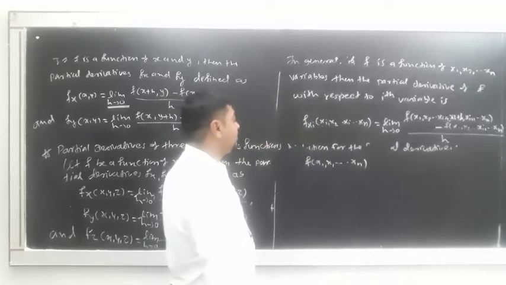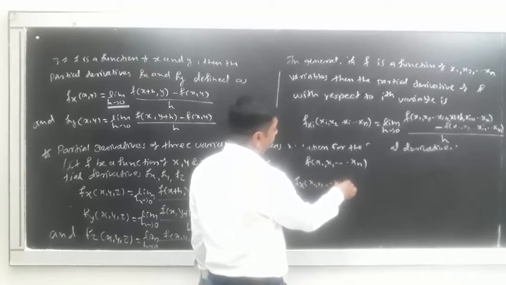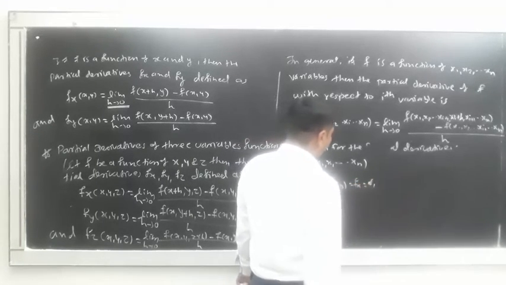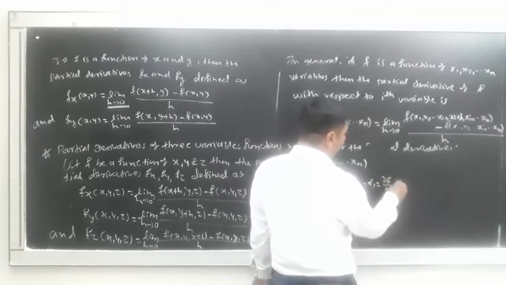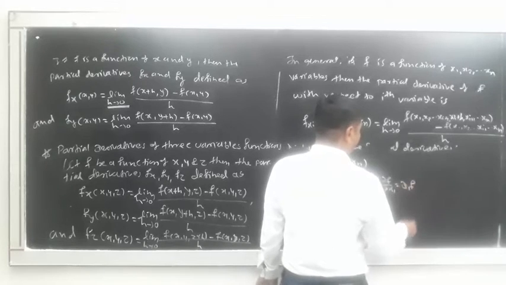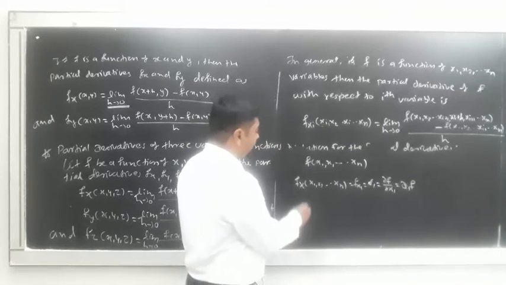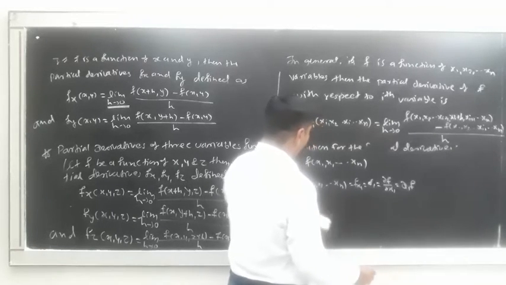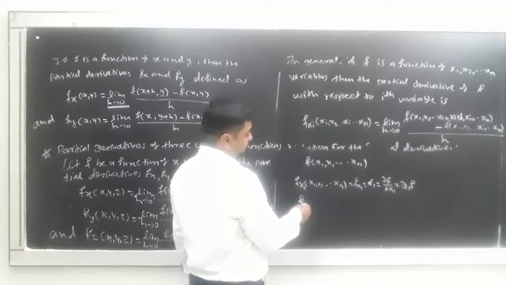Then we denote the first derivative as f_x1(x1, x2, and so on, xn), or only f_x1, or f1, or ∂f/∂x1, or D1 f, and many other ways.